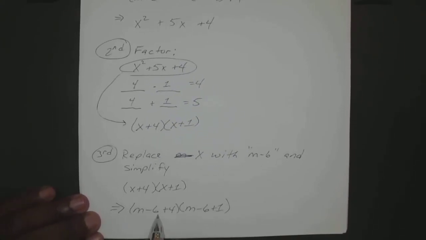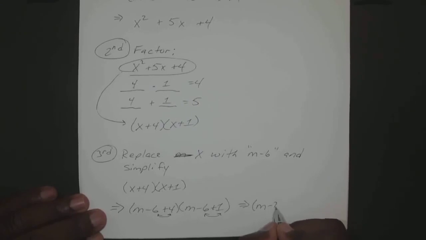Okay, and simplifying, you just combine like terms. So m minus 6 plus 4 is negative 2, so m minus 2. M minus 6 plus 1 is negative 5, so m minus 5.